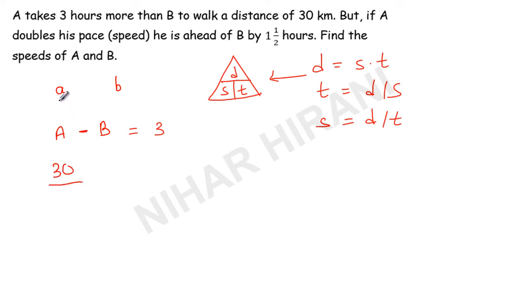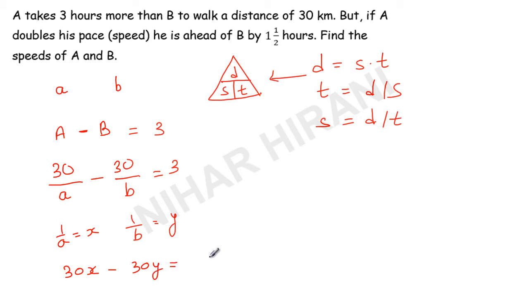For A we took small a, for B we took small b, and distance is the same, isn't it? This is equal to 3. Now let us say 1 upon a is equal to x and 1 upon b is equal to y. So now my formula will be 30x minus 30y is equal to 3. And this is an important result that will help me further in my calculation.